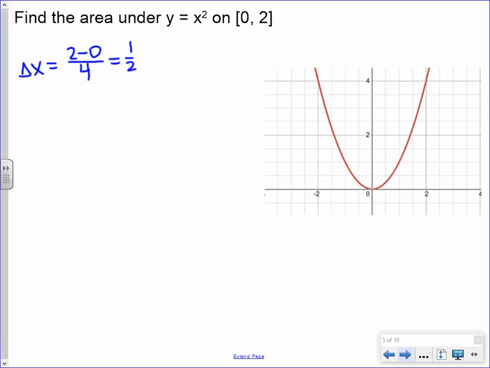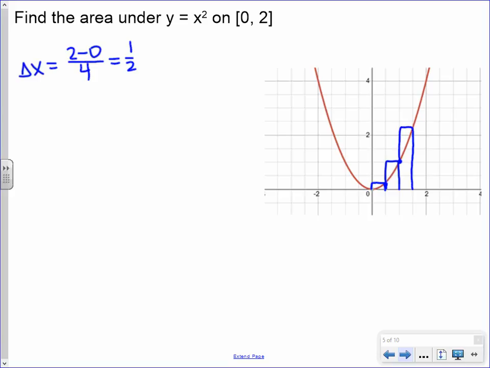However, this time when we go to draw our rectangles, we're going to draw from the right side of the interval. So our rectangle from 0 to 1/2, we're going to get the height from 1/2 because that's on the right side. Okay? From 1/2 to 1, we're going to get the height from 1 because that's on the right side. Okay? From 1 to 3/2, we're going to get the height from 3/2.